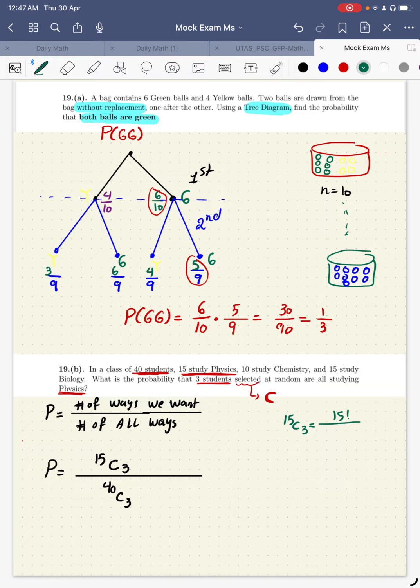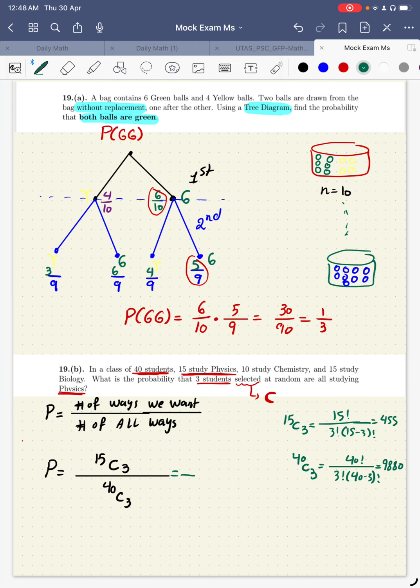Is 15 factorial divided by 3 factorial times 15 minus 3 factorial, which is gonna give me 455, and the second one is 40 C 3, which is 40 factorial divided by 3 factorial times 40 minus 3 all factorial, which is gonna give me, if I use the calculator, 9,880.